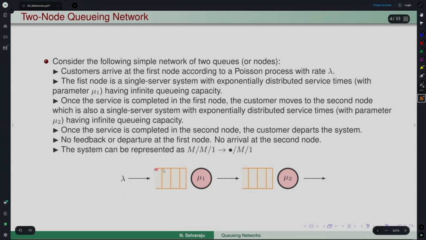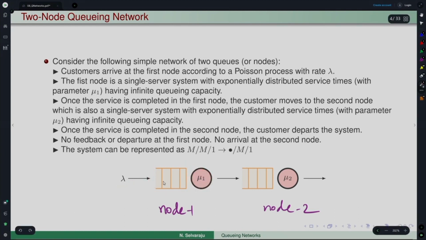Suppose I call this node 1 and this node 2, or first node and second node. For the first node, the customers arrive according to a Poisson process with rate lambda.